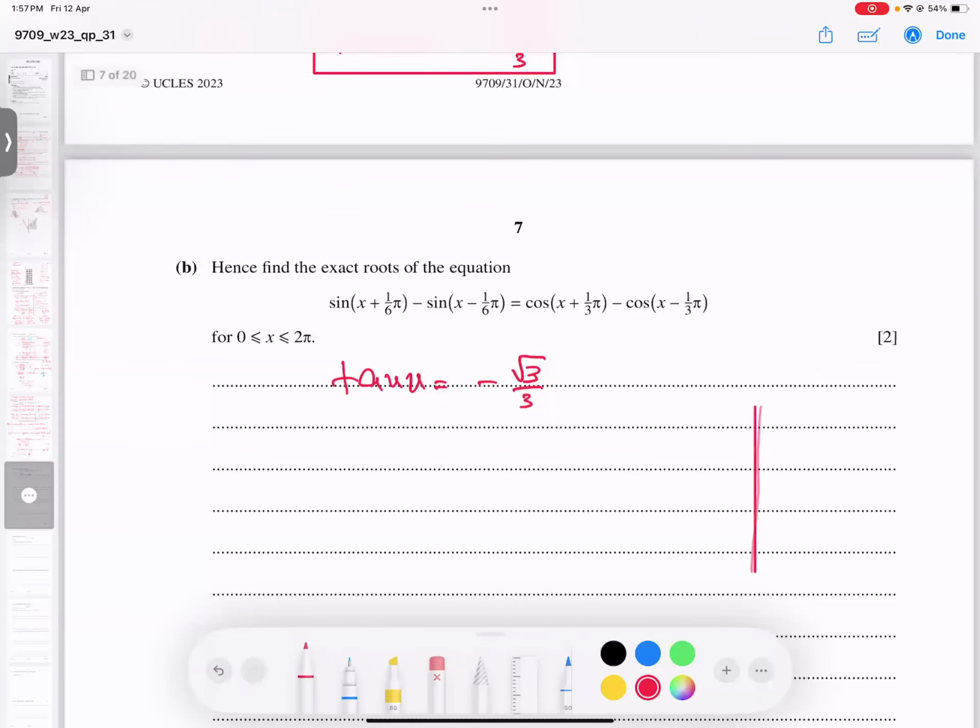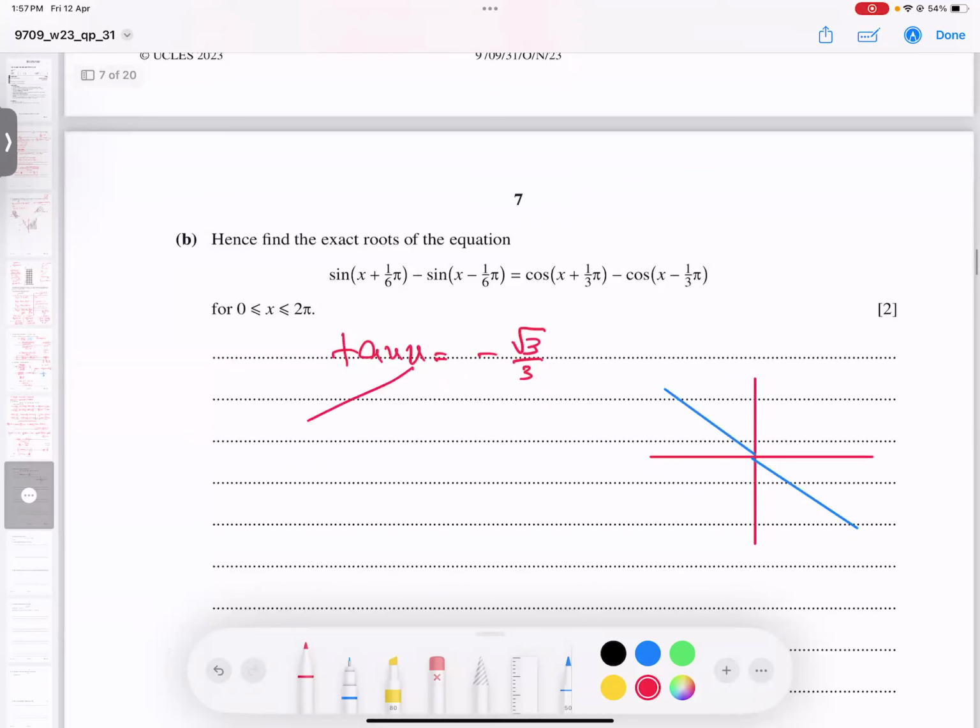Do you know, students, where tan is negative? Tan is negative in the second quadrant and in the fourth quadrant. Make sure about it. So I will take this as alpha, like a principal angle. So tan inverse of root 3 by 3, without including the negative sign.